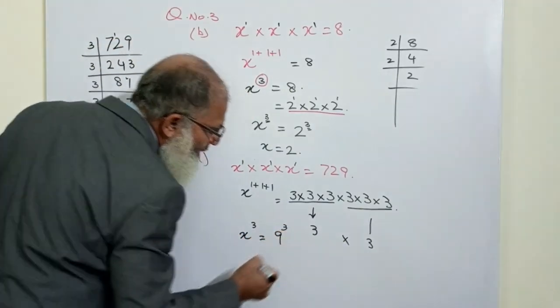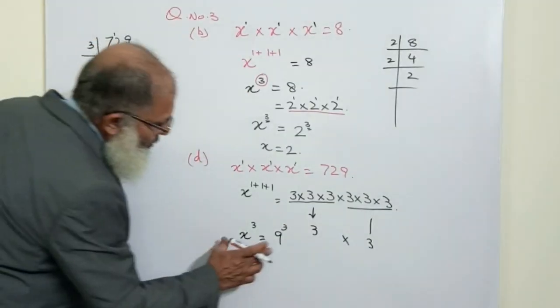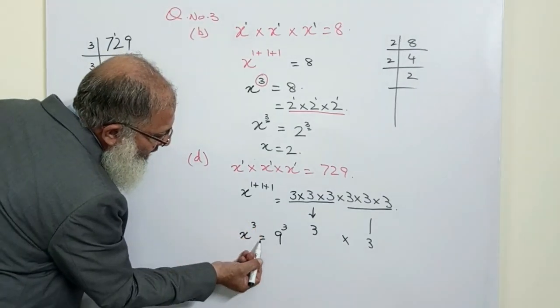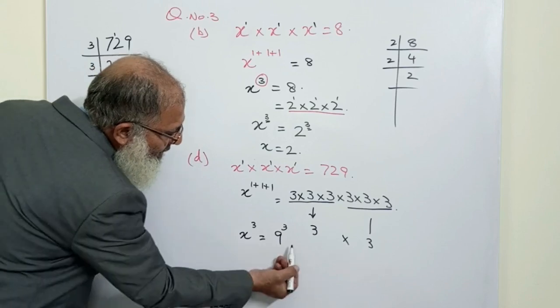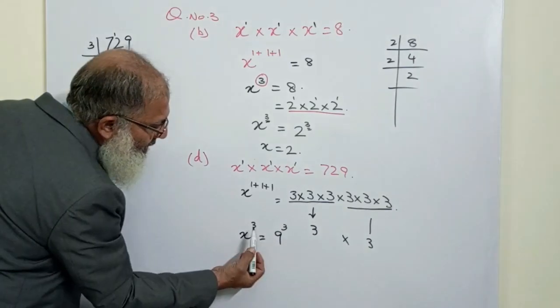And we have to write a 3 over here as well. So you see there is an equality sign in between the two sides. Left hand side is equal to right hand side.